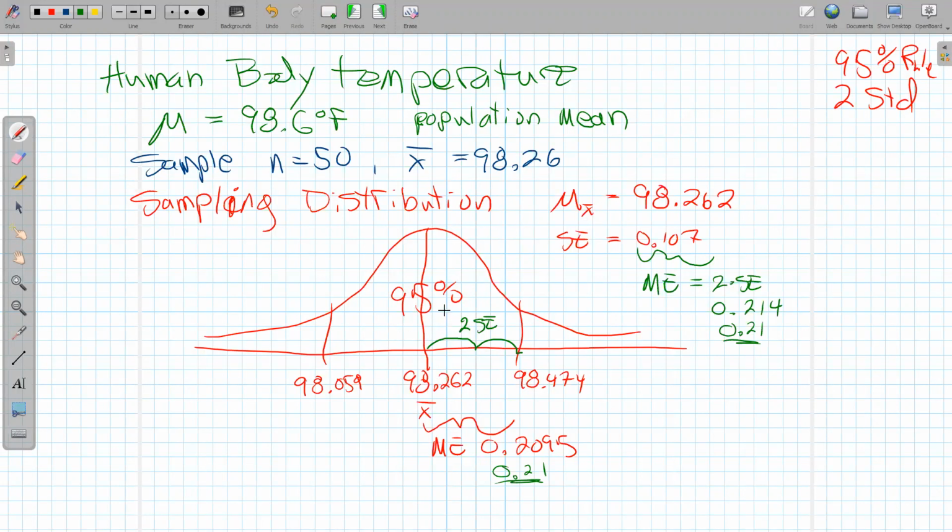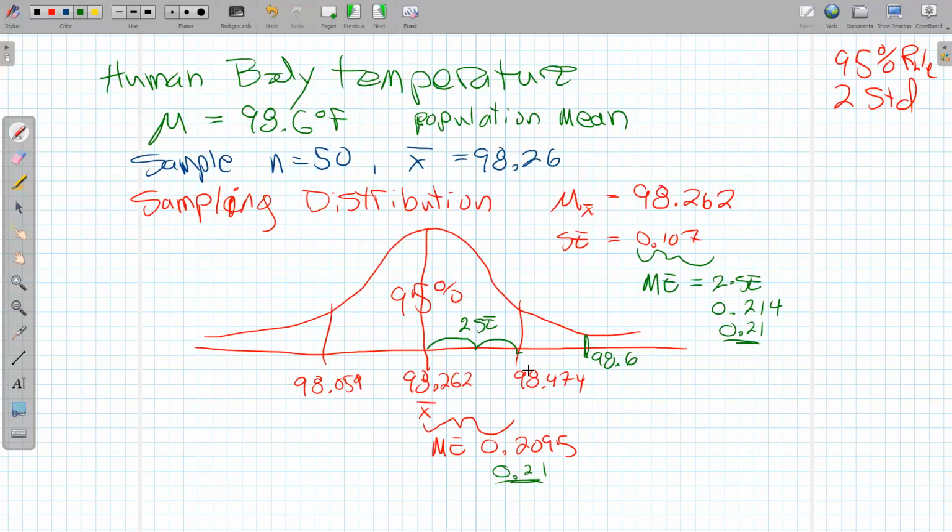So what does this tell us again? Based on this sample of healthy adults, we think average human body temperature is somewhere between 98.059 and 98.478. And the interesting thing is 98.6 is not in the interval. So 98.6 is somewhere out here. It's not in my interval. So a couple things.